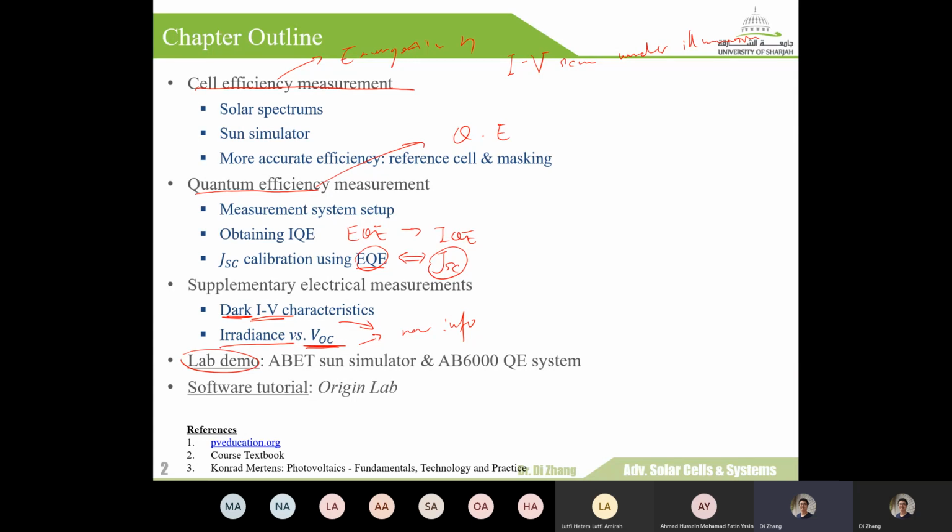Okay, and if we still have time, I'm thinking to run 1 or 2 tutorials on some useful software. Origin Lab is one of the software I have in mind. At the same time, for our projects, I also have another software in mind, the GPVDM software, that will let you simulate the performance of a solar cell.